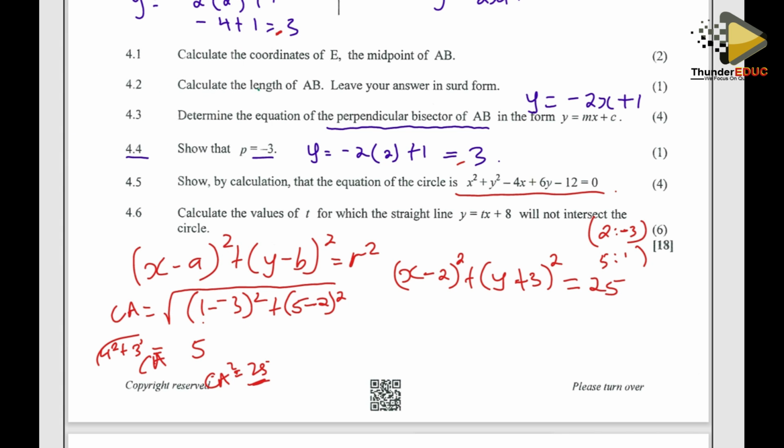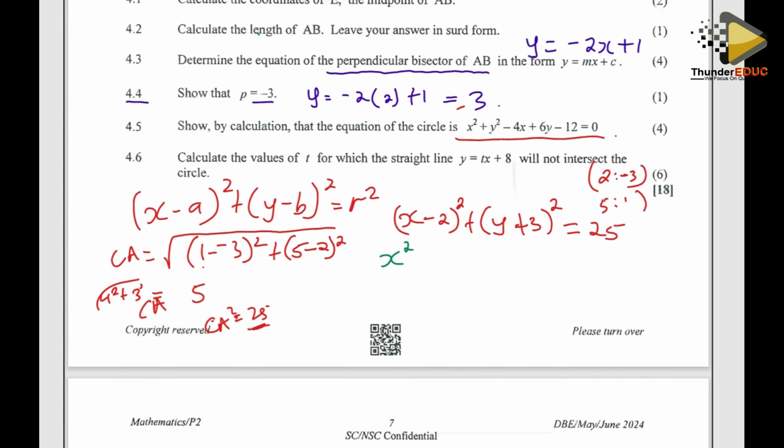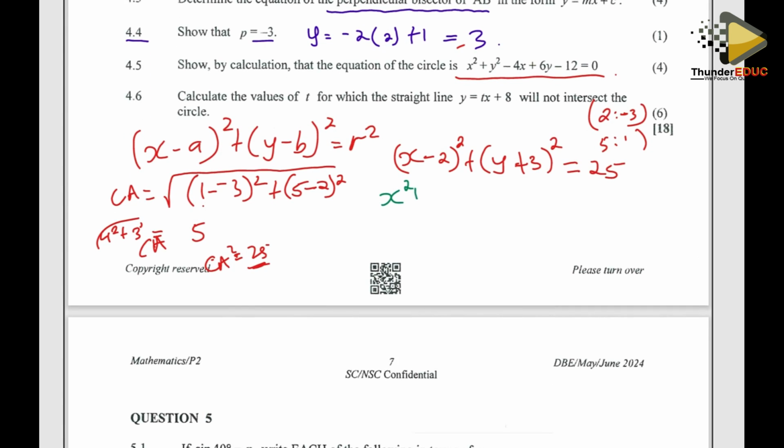Open this up and expand. That's going to be x² minus 4x plus 4, since we have a negative there, and then plus y² plus 6y plus 9.